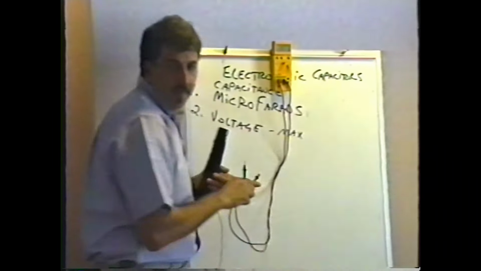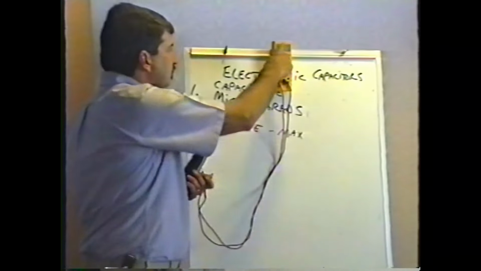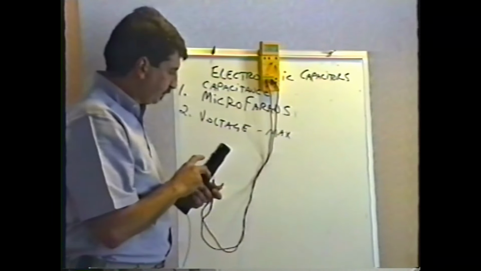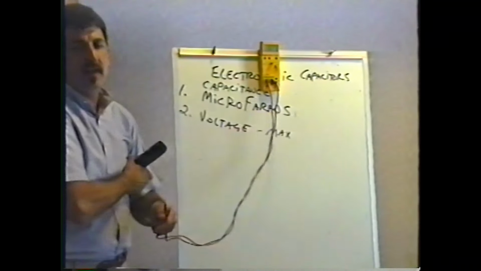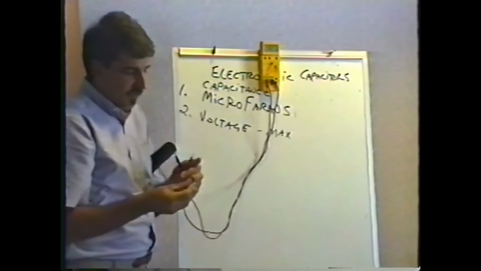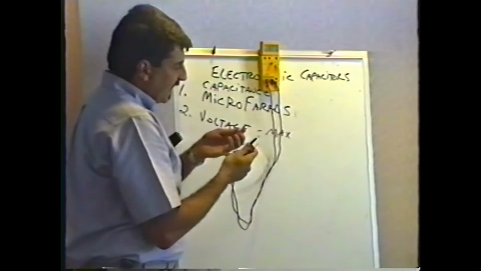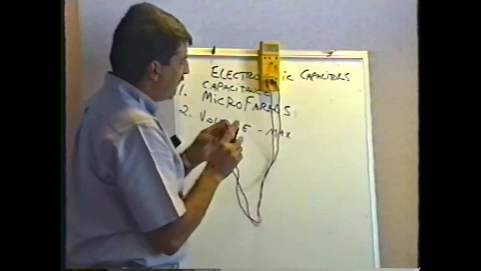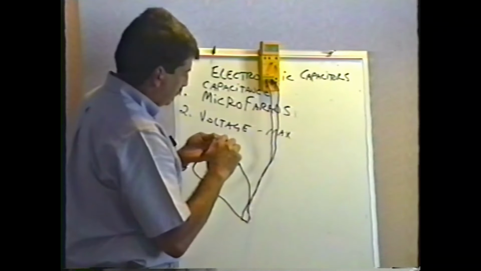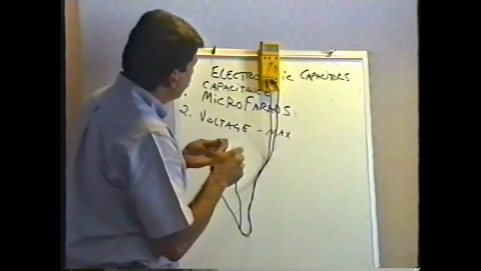Here's what I mean. They'll put the meter on some kind of an ohm scale, like the 2K scale or something like that, depending on the size of the capacitor, and put their meter leads across the cap, positive to positive, negative to negative, and watch the meter charge up. Oops, that's a little fast here.